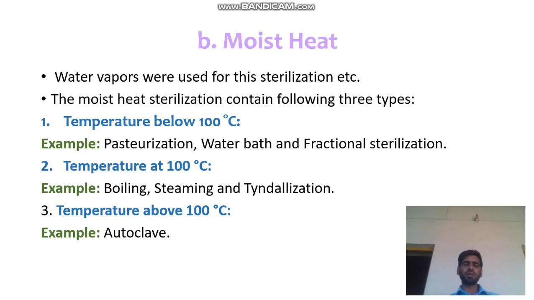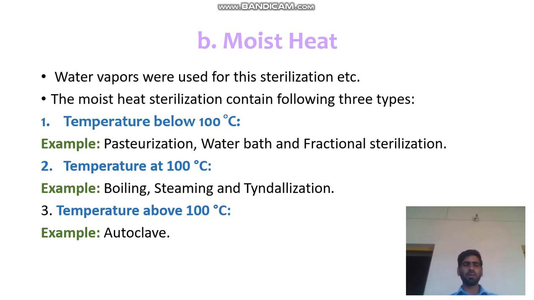Mostly in an autoclave we use 121 degrees centigrade for 15 minutes. The boiling point of water is 100, and when we increase our temperature above 100 degrees centigrade, water is converted into water vapors, and these water vapors are mainly responsible for killing the microbes.